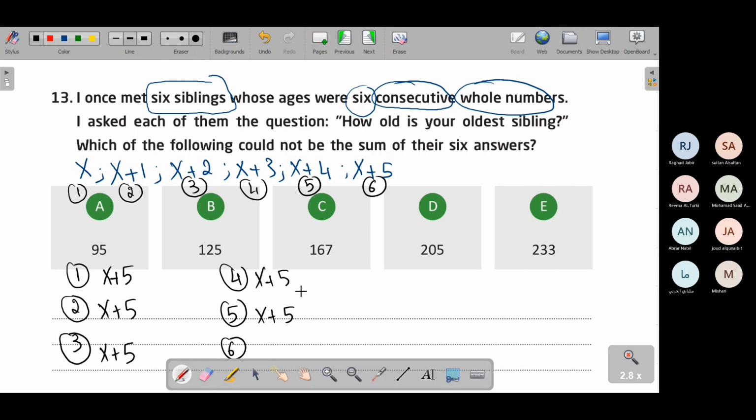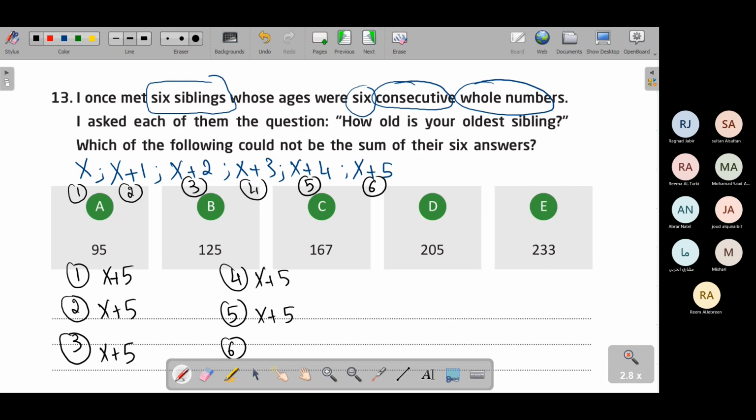Any question on this part? What does 6 consecutive whole numbers mean? It means like 10, 11, 12, 13, 14, 15, or 1, 2, 3, 4, 5, 6. I don't know the age of the first one, to say 12, 13, 14, or 20, 21, 22.